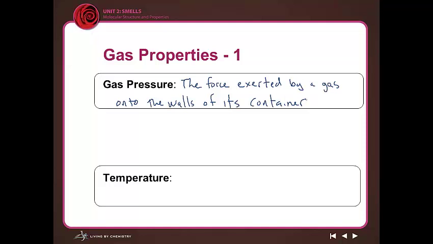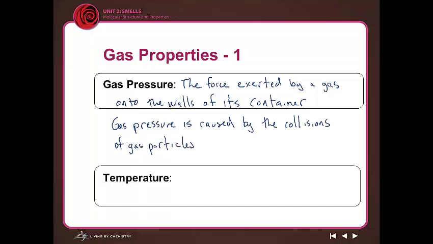Another way to think about it is that gas pressure is caused by the collisions of gas particles with the walls of the container.